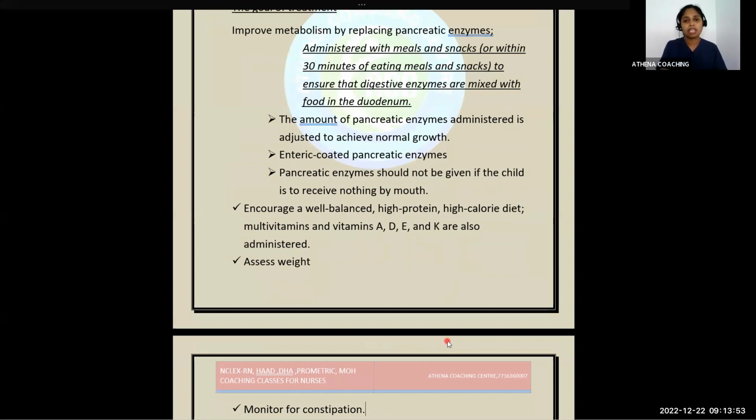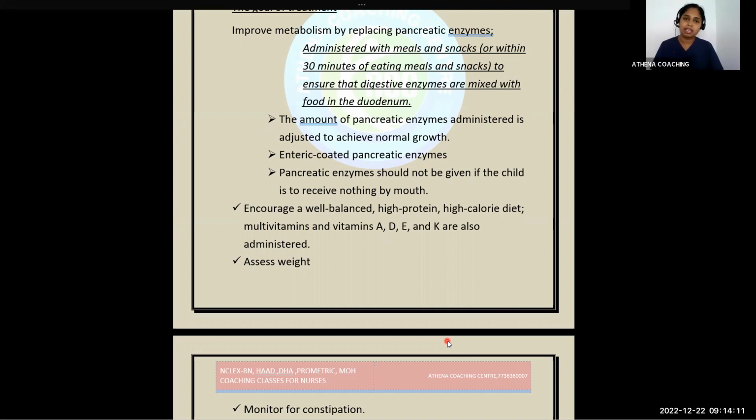You are not supposed to administer pancreatic enzymes then. Please remember, pancreatic enzymes are only permitted to be administered with food.